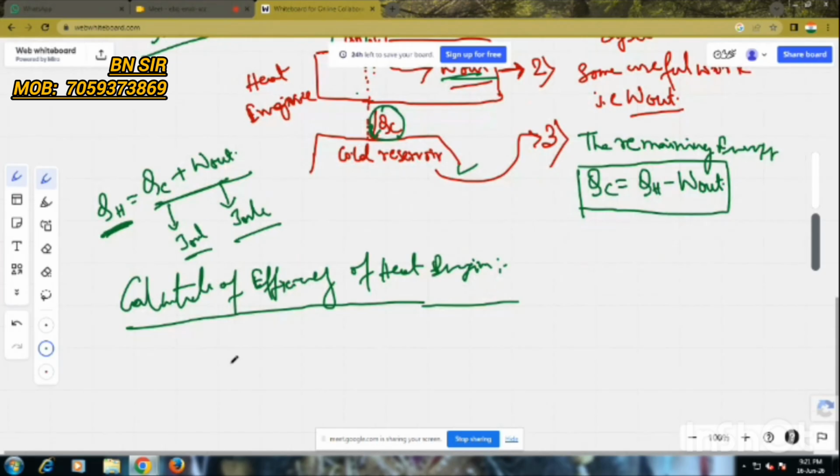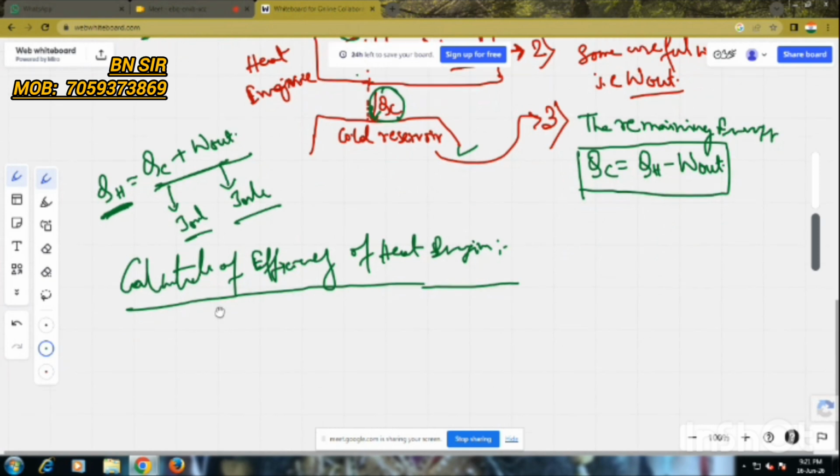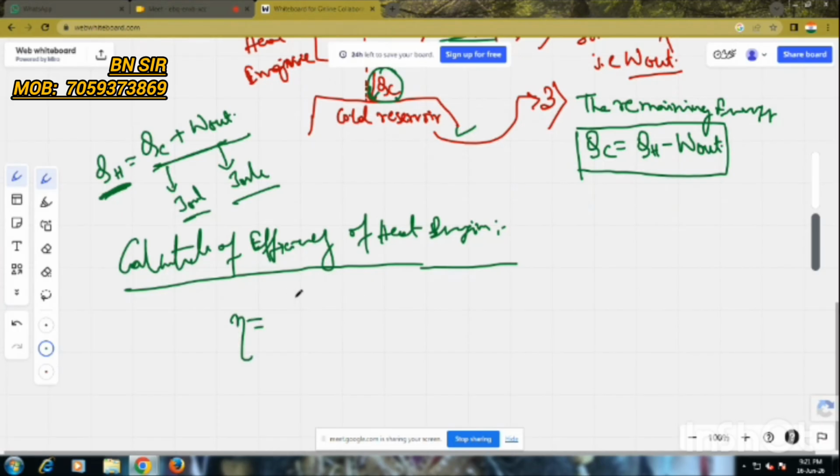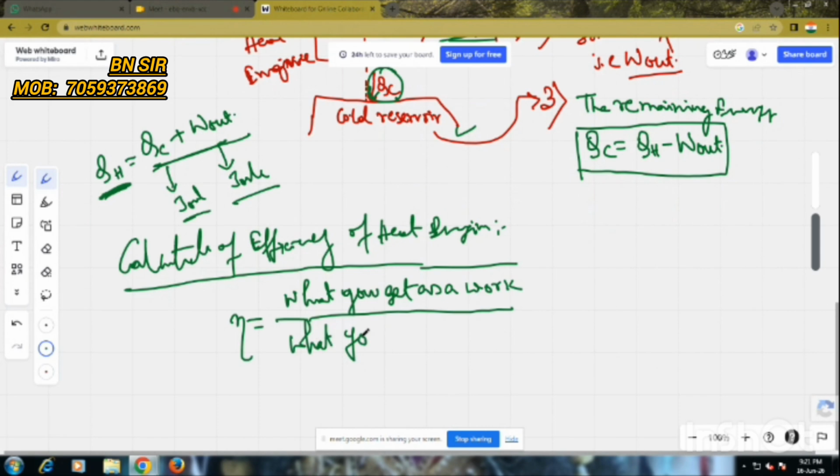The efficiency, eta, is calculated as what you get as work divided by what you invested as heat or energy, that is QH, and what you get as work is W out.